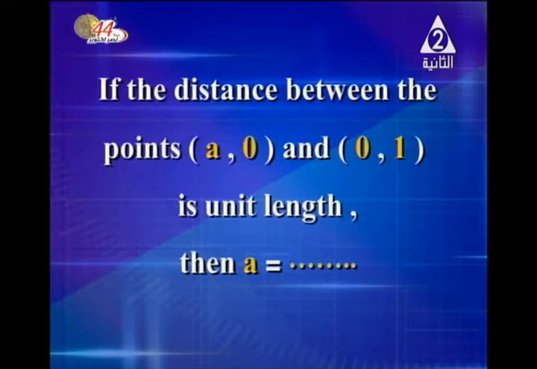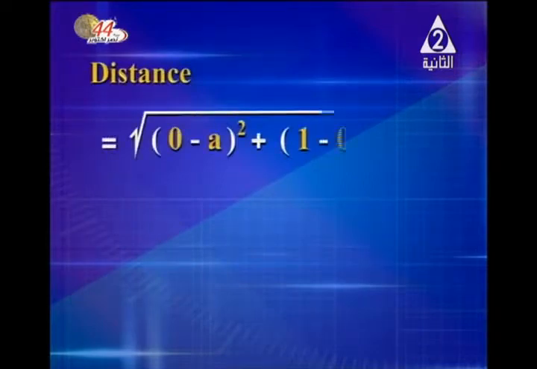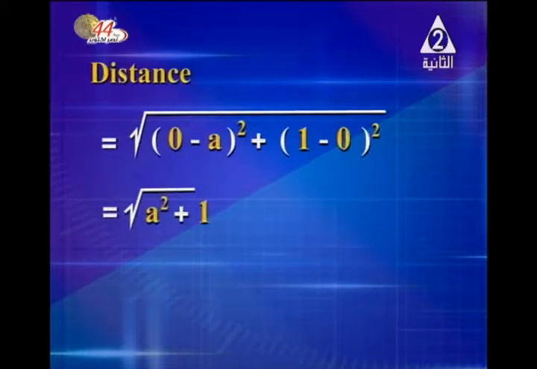So the distance will be 1. Then try to substitute in the rule. Distance equals square root of (0 minus A) all to the power of 2 plus (1 minus 0) all to the power of 2, which is equal to square root of A to the power of 2 plus 1. This distance is going to be equal to 1, as the distance between the 2 points is 1.